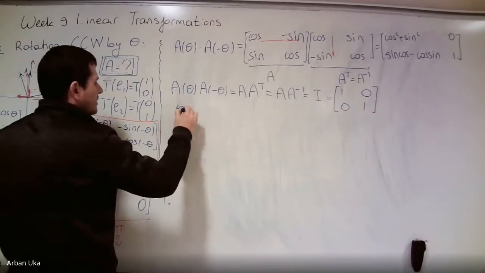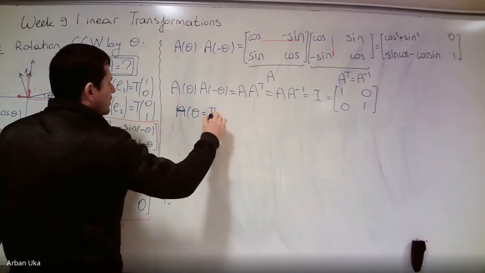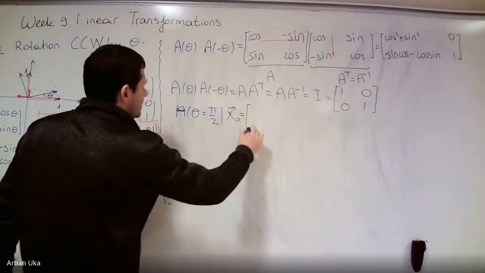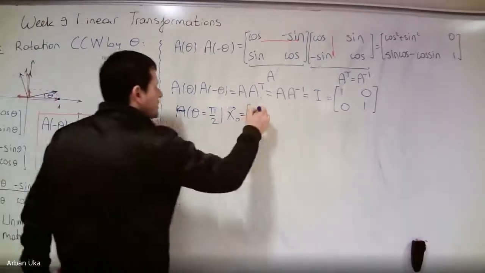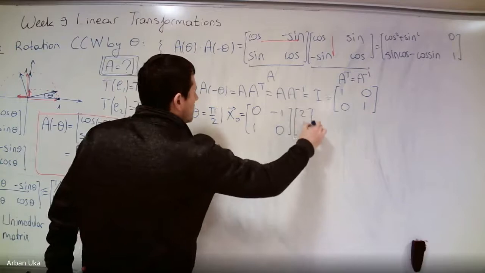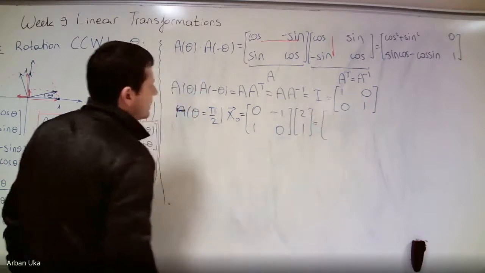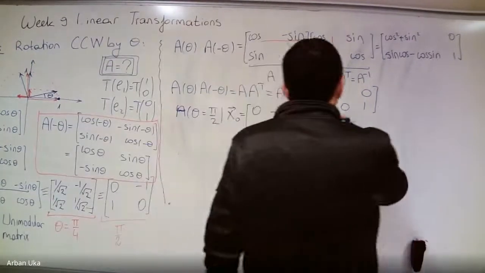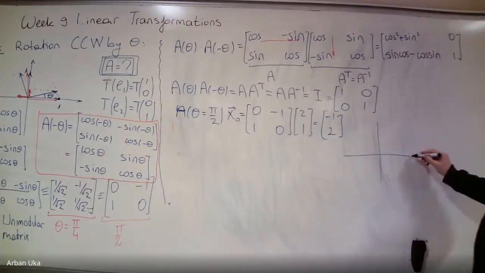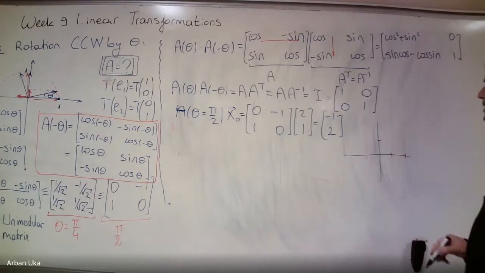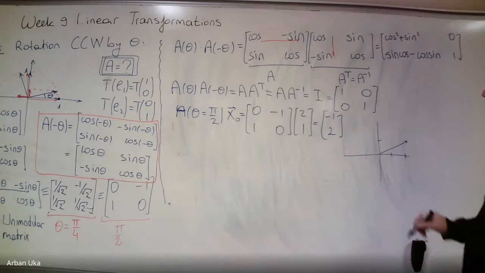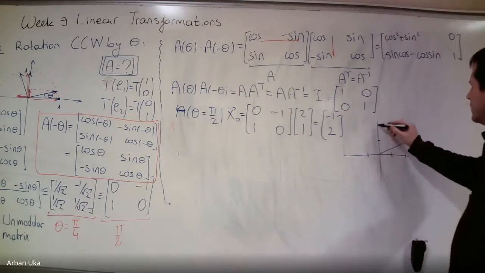So A, when theta is equal to pi over 2, times x0, and here we can represent 0, 1 minus 1, 0, and we multiply with a vector 2, 1. What we get here is minus 1, 2. And if we try to draw this 2, 1, it's this vector, and then we get minus 1, 2.